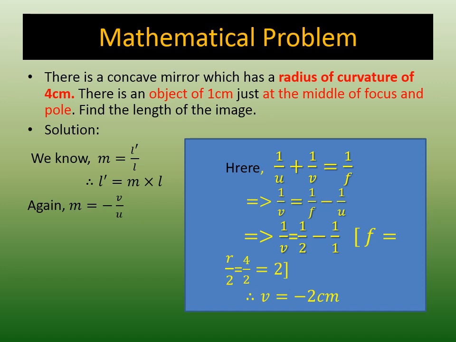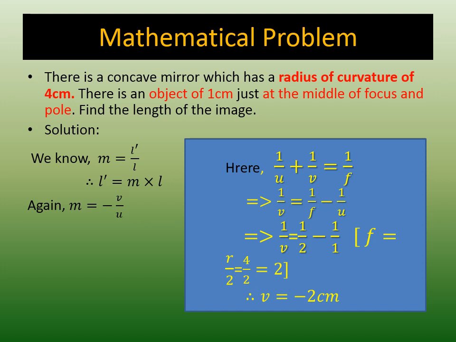That means from the pole the distance of focus is 2 centimeter and as the object is in between the focus and pole, the distance of object from the pole is 1 centimeter. So the value of u is 1 centimeter.